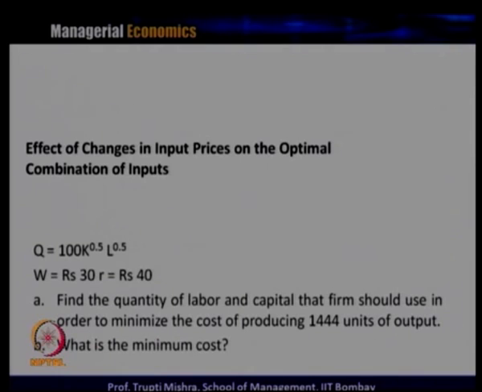We will look at the numericals later, on how the quantity of labor and capital changes. Before that, we will look at the graphical representation of how a change in input prices affects the least cost input combination and the level of output.